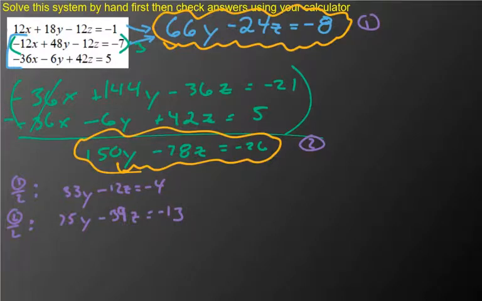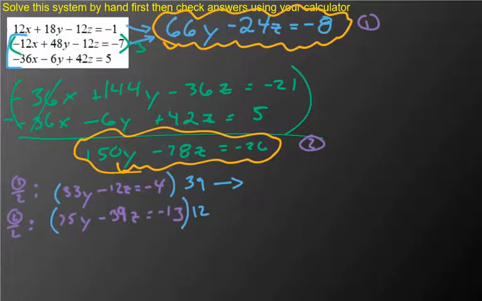And this is one where it's not particularly easy either way. I would probably just take this one and multiply it by 39, and take this one and multiply it by 12.